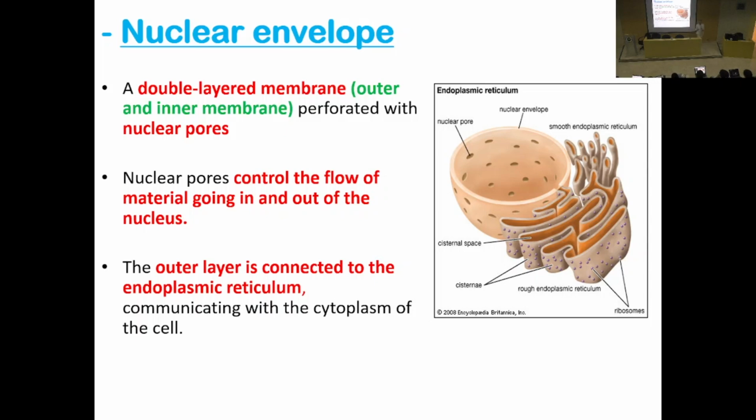What is the difference between them? We call this one rough because it has ribosomes attached to it. The smooth doesn't have any. It has a smooth surface. There are no ribosomes. So the outer membrane is connected to the endoplasmic reticulum, and this allows the nucleus to communicate with the endoplasmic reticulum. Okay, clear?